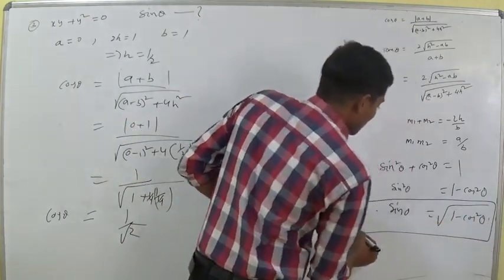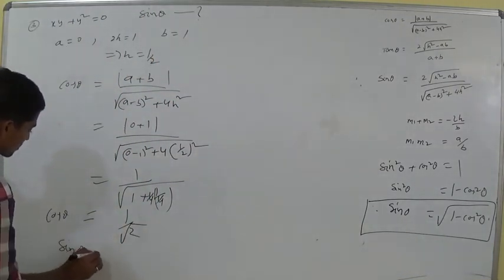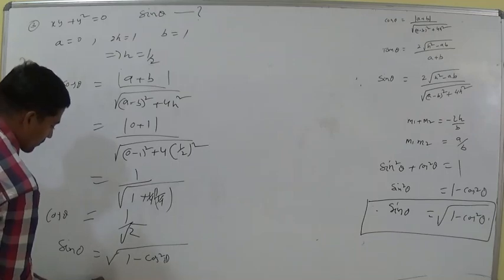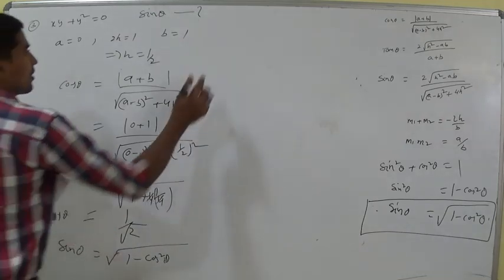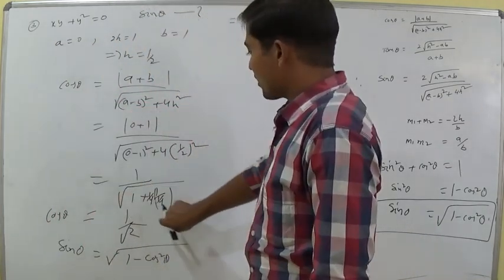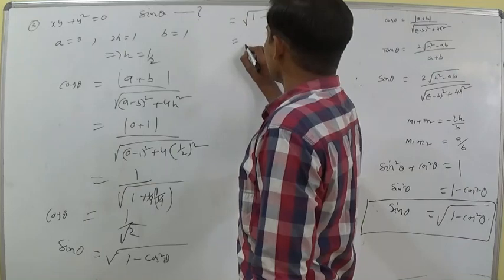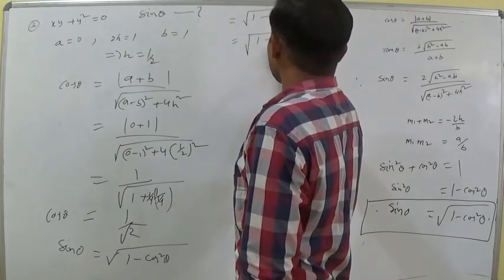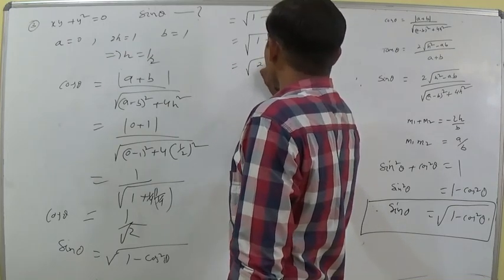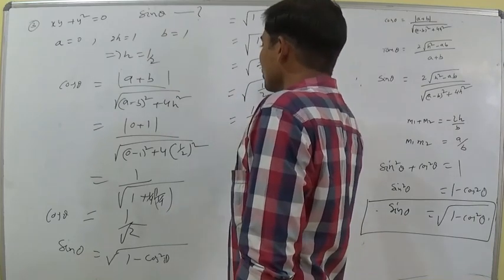Sin theta is equal to square root of 1 minus cos square theta, which is equal to square root of 1 minus cos theta value I have here, that is 1 by root 2 whole square, which is equal to square root of 1 minus 1 by 2, which is equal to square root of 1 by 2, which is equal to 1 by root 2.